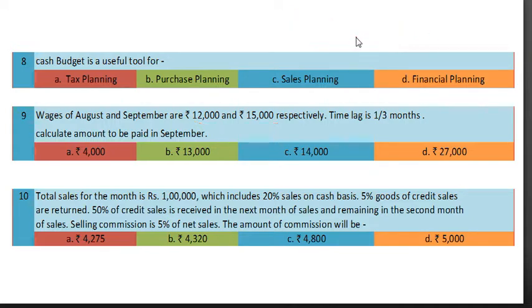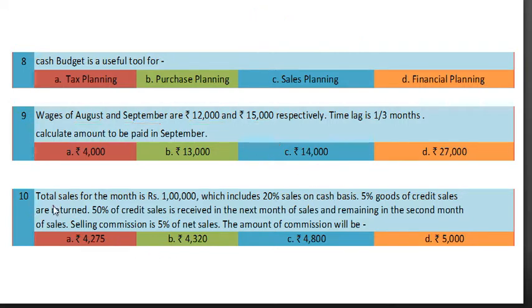Once again, in September 1/3 of August will be paid, that is 4,000, and 2/3 of 15,000 will be paid, which is 10,000. So total wages paid in September are 14,000. So correct answer is option C, rupees 14,000.